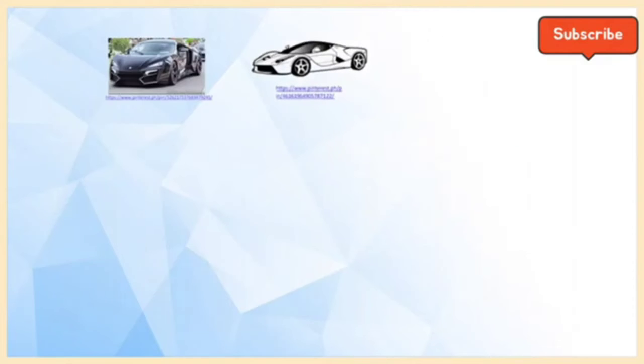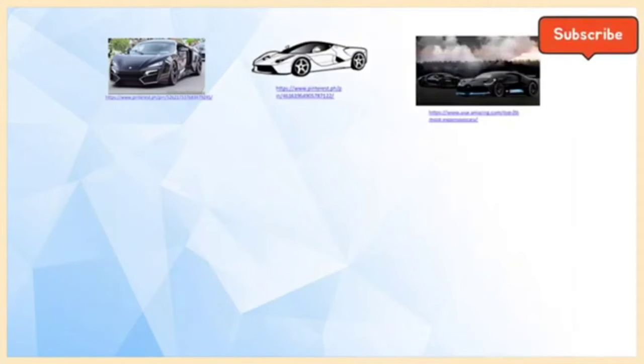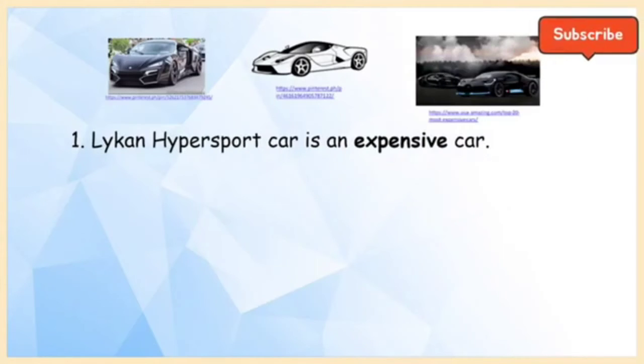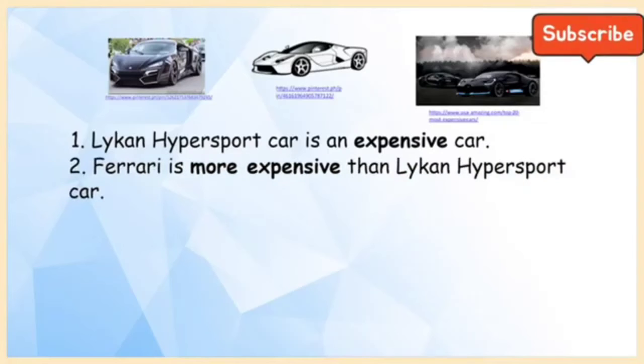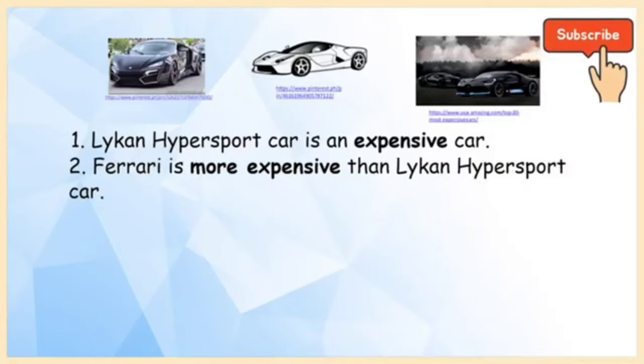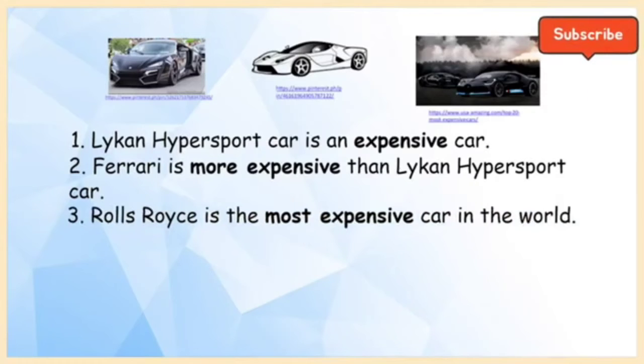Compare these three luxury cars. Read the sentences below. Lykan Hypersport car is an expensive car. Ferrari is more expensive than Lykan Hypersport car. Rolls-Royce is the most expensive car in the world. In sentence 2, which is comparative degree, what is added before the word expensive?